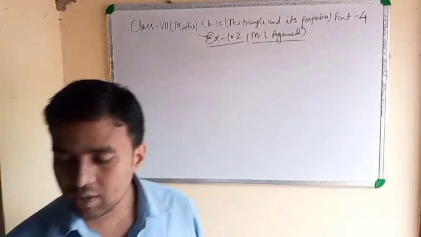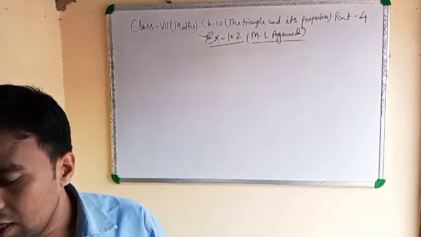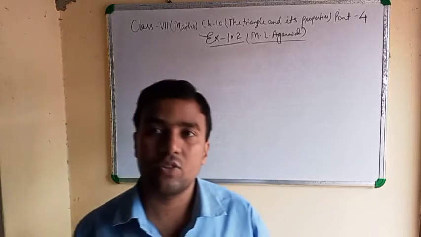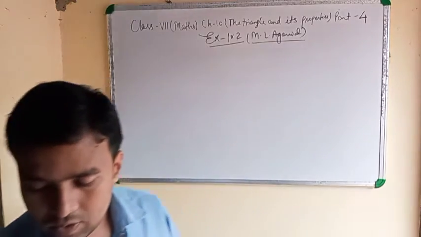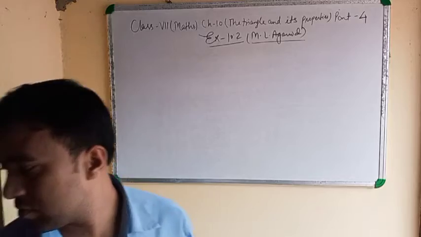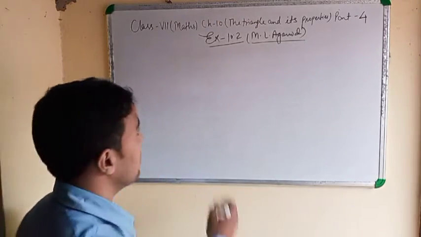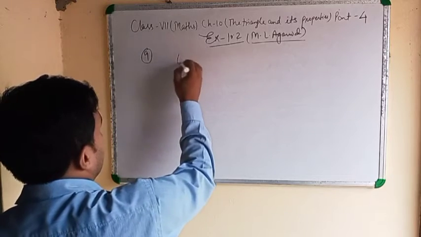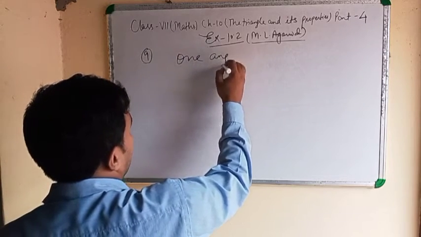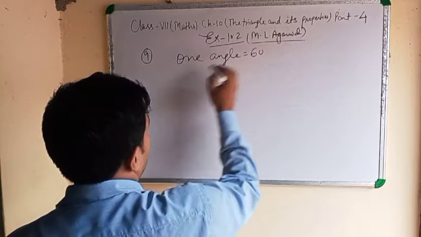Question number 9. One of the angles is 60 degrees. The other two angles are given in the ratio form. Clear? Find these angles. Question number 9. One angle is 60 degrees.